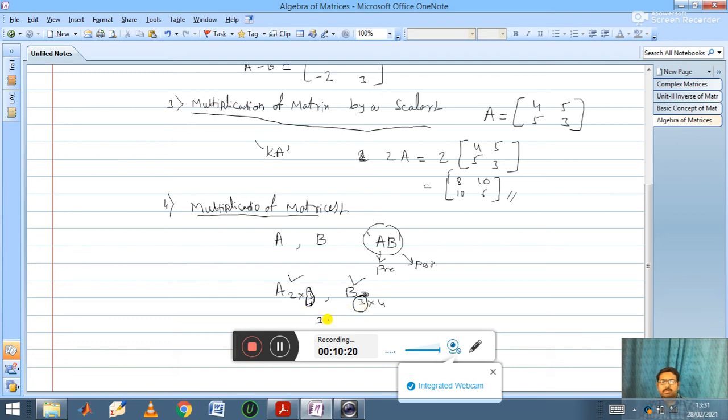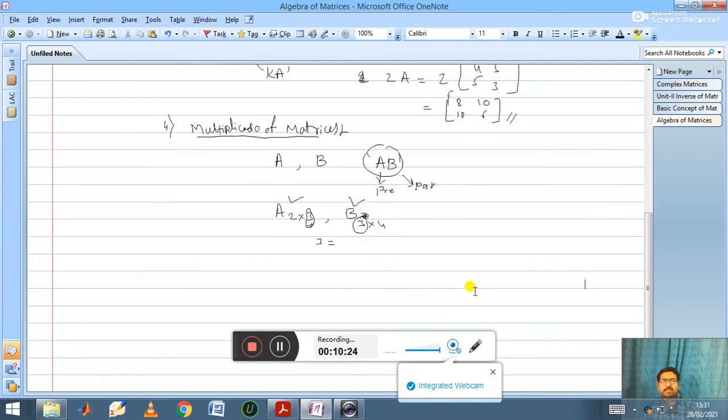Then 3 equals 3. Then we can say that the matrices A and B are conformable for multiplication. It means it is possible to multiply matrices A and B if this condition is satisfied.